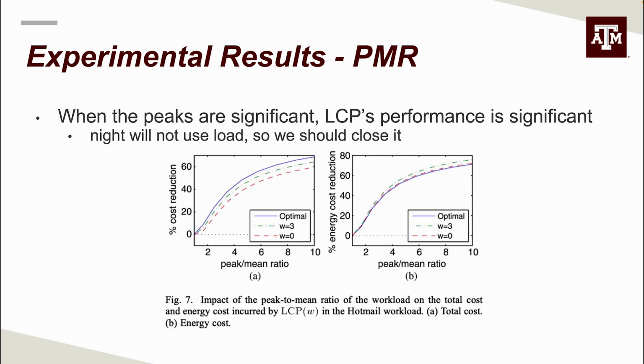For PMR plots, we can observe that when workload has significant peaks, LCP is especially beneficial. This is easy to understand because if night doesn't use any nodes, we should just simply close them. So during off-peak hours, for example the nighttime, LCP can safely shut down servers, reducing cost without sacrificing availability.